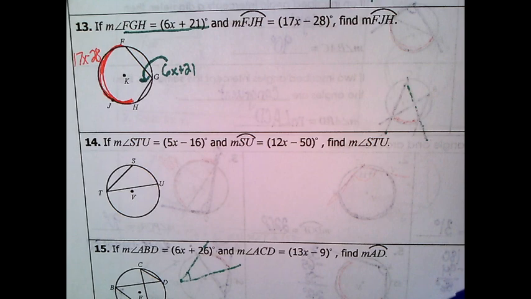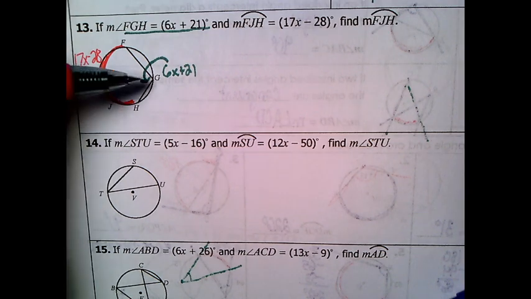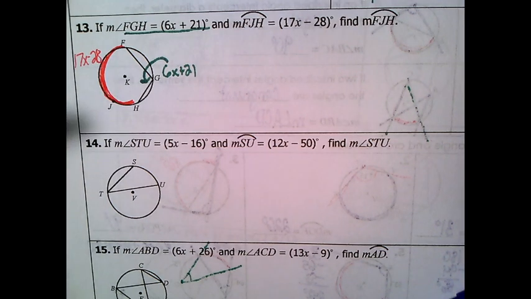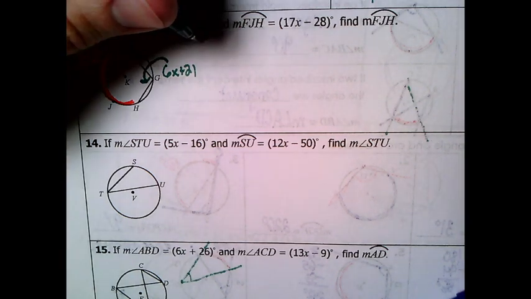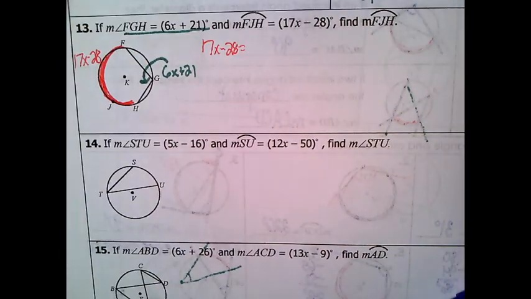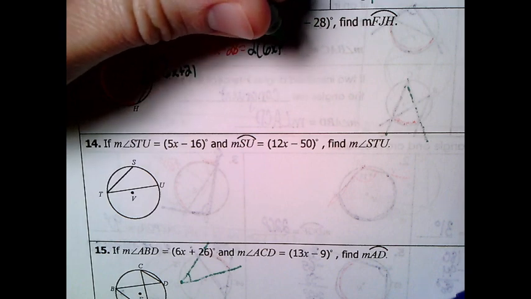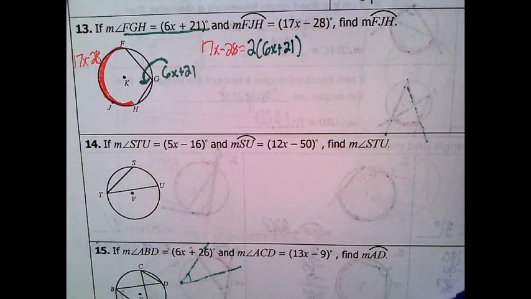I cannot set them equal to each other because when I go from big to small, I take half, or when I go from small to big, I double. So I'm going to have to choose one of those things to either double or take half of. In this case, let's just double this. I'm going to leave 17x minus 28 the same, but technically I have to times this by 2 to get to that one.